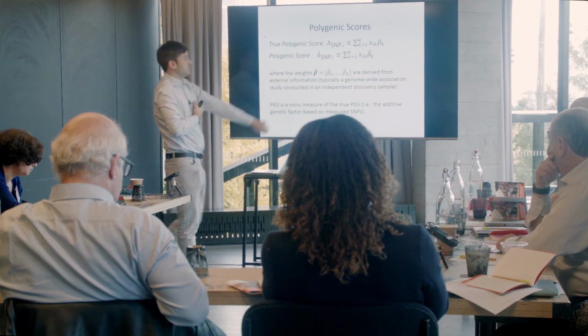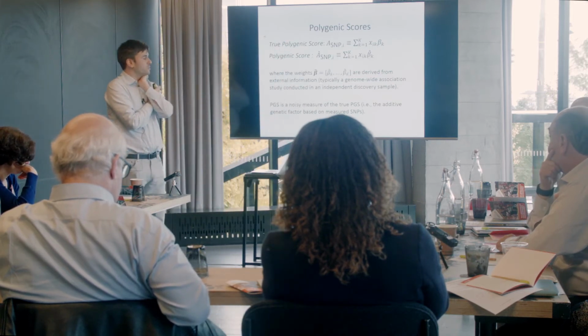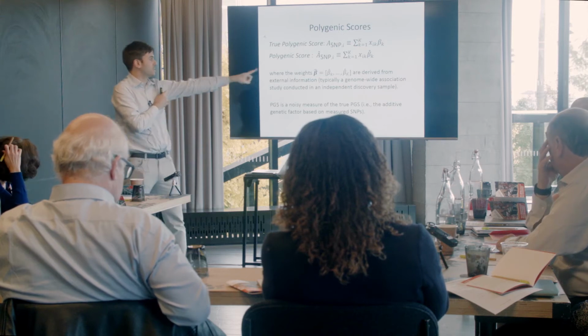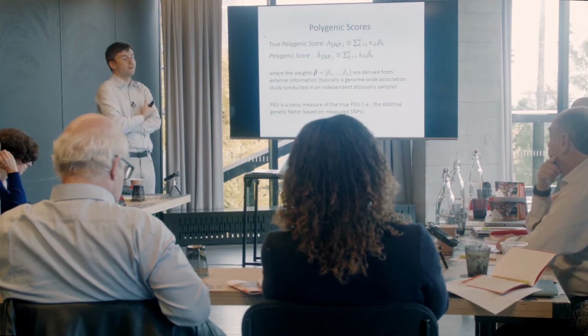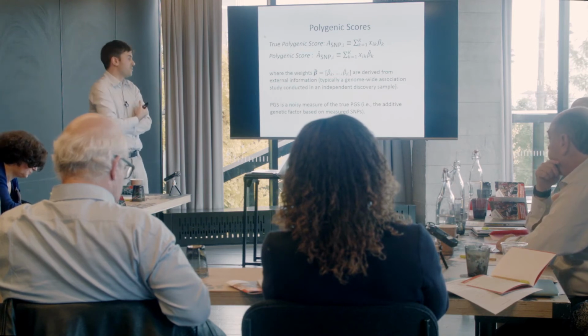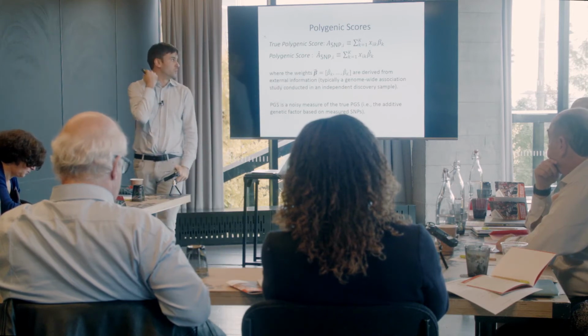Of course, the problem is we don't observe these weights, and so we have to estimate them. And usually, what you do is you estimate them from some non-overlapping reference sample that can be very large. And what's happened in the last 3 or 4 years is that it's become possible to estimate these weights with a lot more precision.